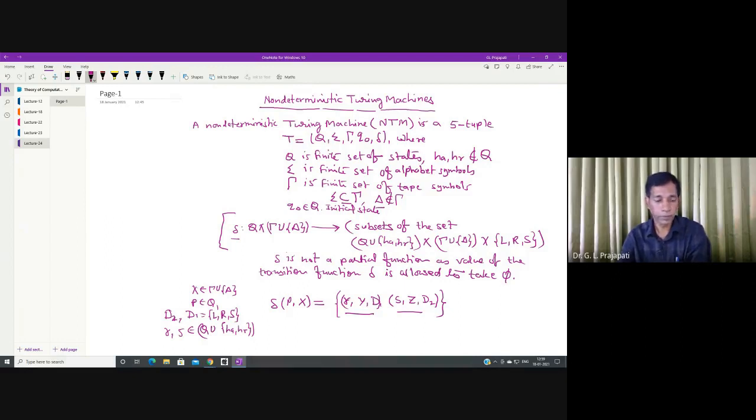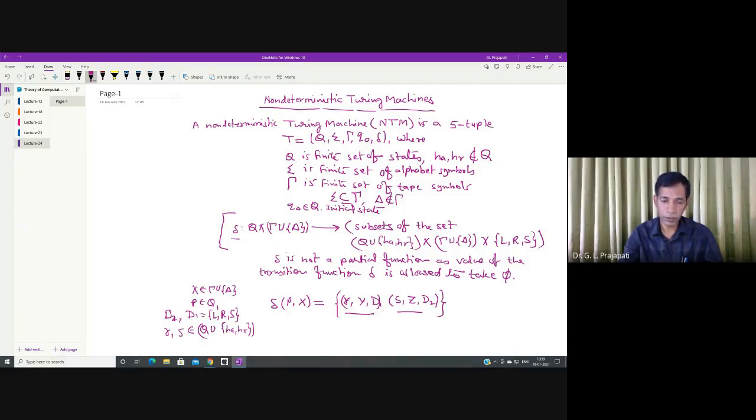R can be any state from Q, or it can be a halting state, and S can also be any state from Q, or a halting state.